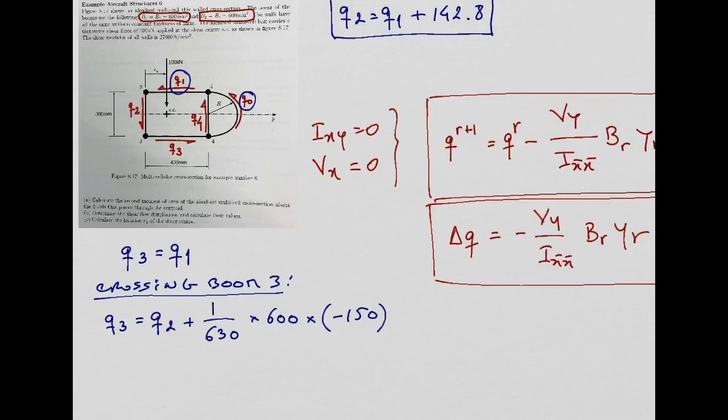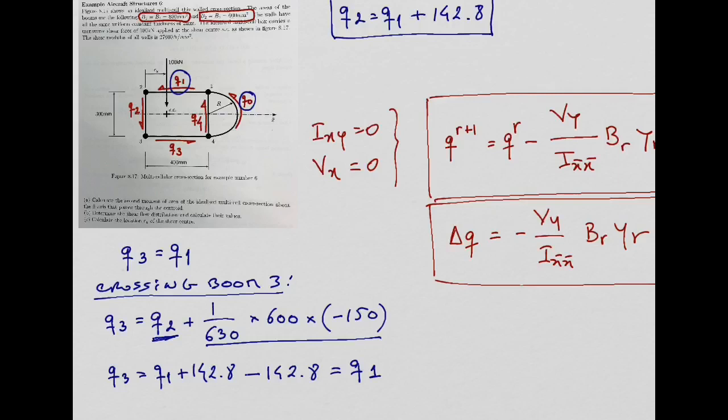So if I replace now Q2 in this equation with Q1 plus 142.8 we obtained before, I get Q3 is going to be equal to Q1 plus 142.8. And this term here is minus 142.8. So it means Q3 is going to be equal to Q1, as expected from symmetry, right?